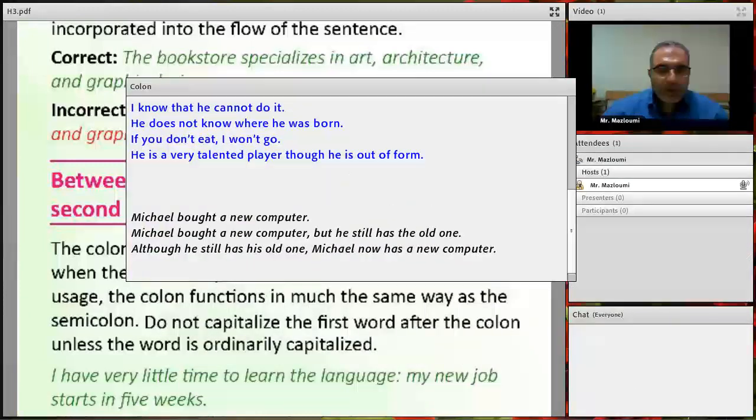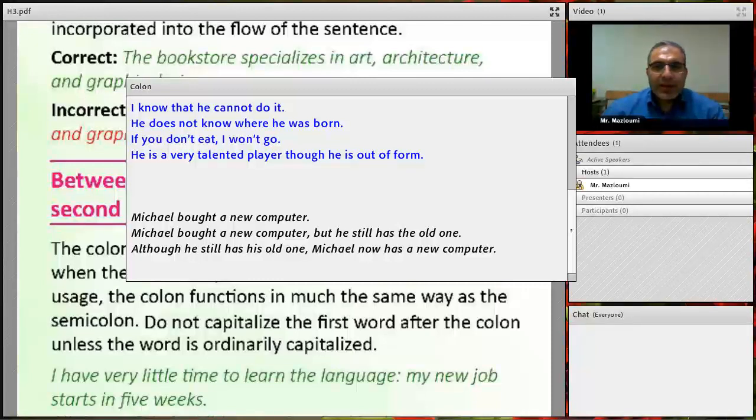I can't cook very well, but I make quite good pancakes.